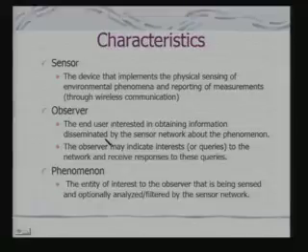Observer is the end user who is interested in obtaining information disseminated by the sensor network about the phenomena. Observer may indicate interests or queries to the network and receive responses to these queries. And these queries can be remotely submitted.